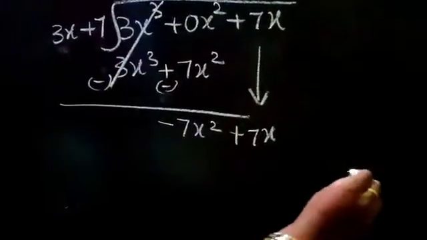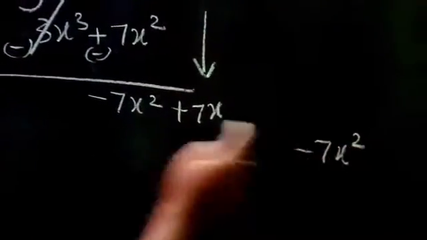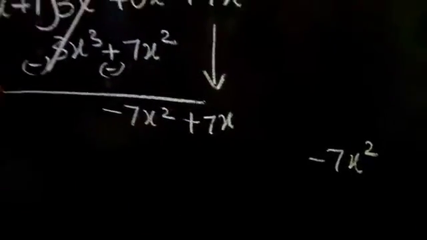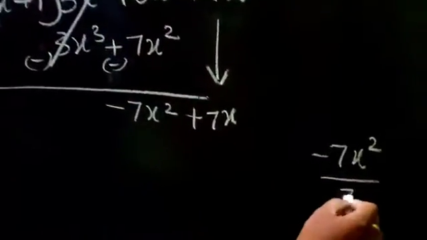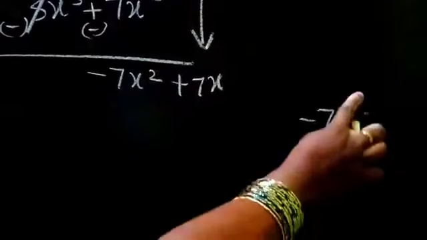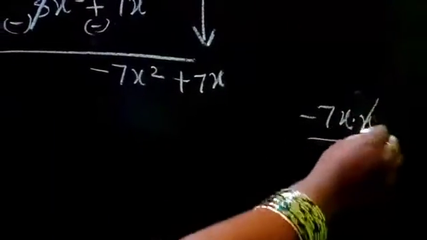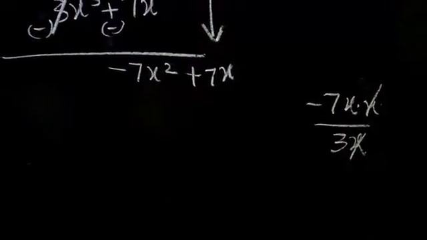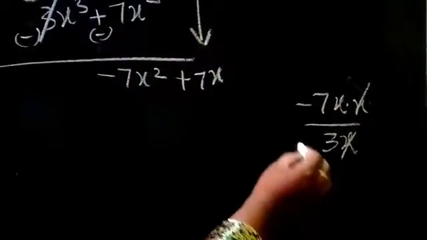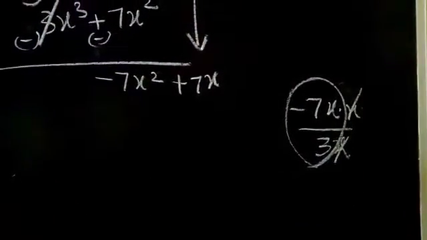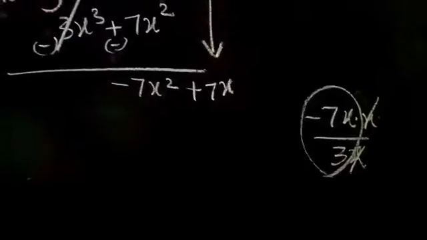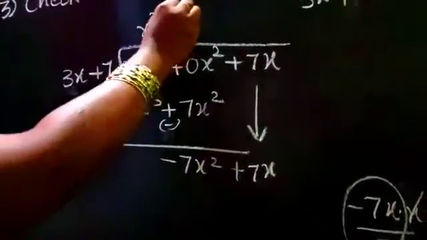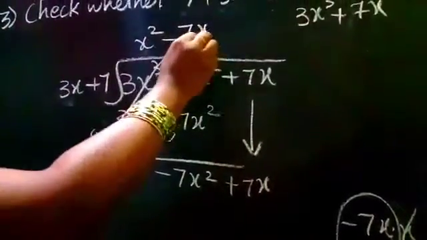Then this minus 7x square, first term in this, divided by the first term 3x. x square means x into x. So numerator x, denominator x will get cancelled. So we have here minus 7x divided by 3. We have to write it in this place, minus 7x divided by 3.